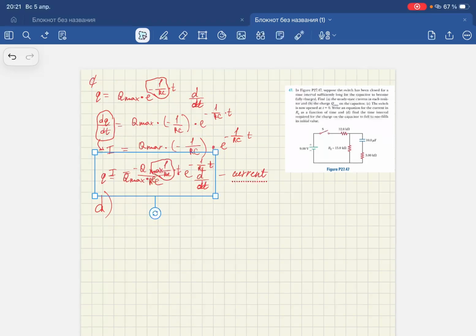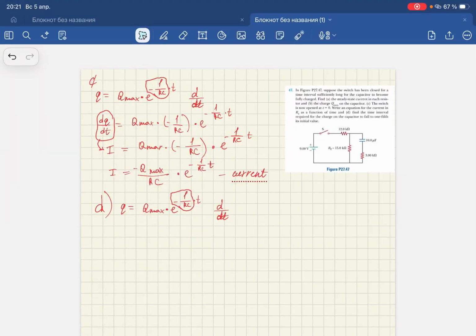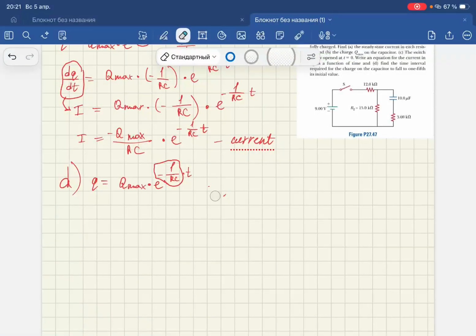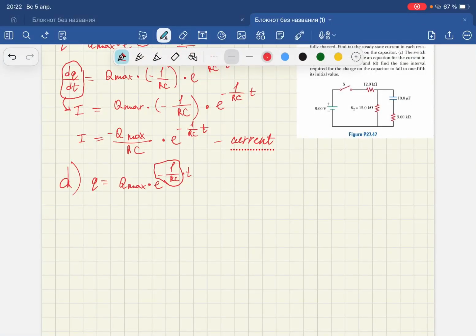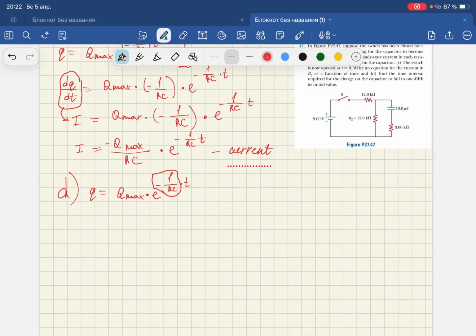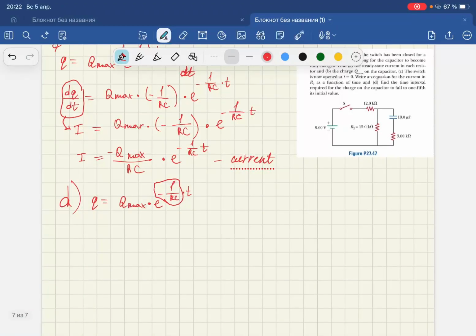I will just duplicate it and put it here. It said that the charge on the capacitor falls to 1/5 of its initial value. So that means Q equals 1 divided by 5 times Q max.